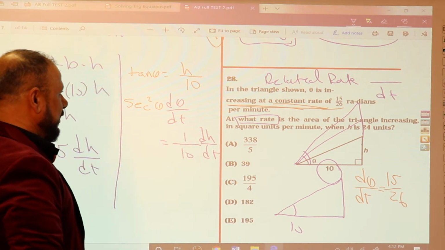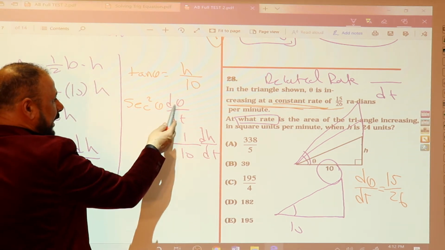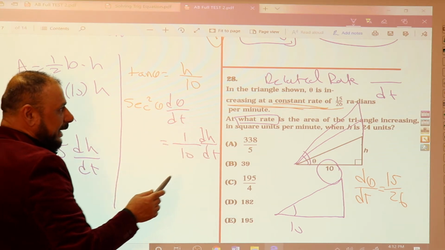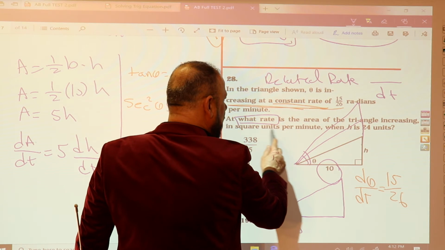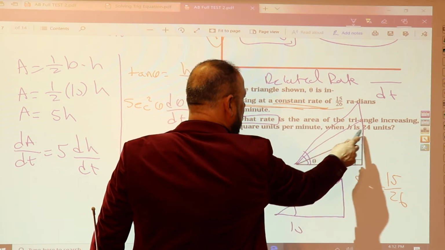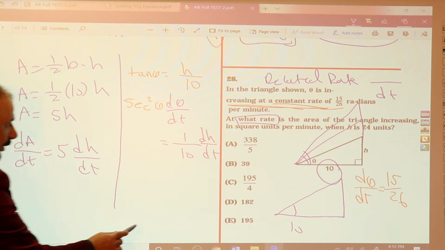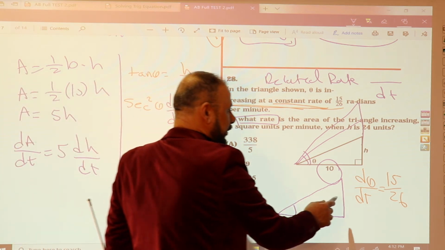Don't deal with the constant. Now, which one do I have? I have d theta by dt. And he wants when the height is 24.